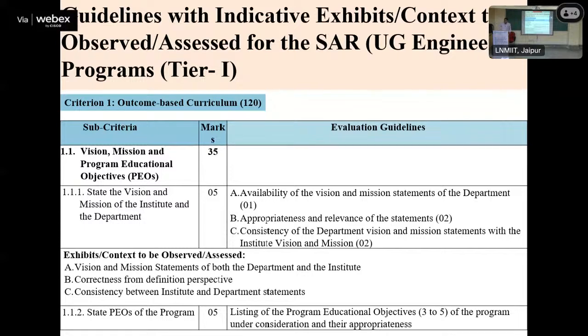Suppose a student comes out of LNMIT, where there are multiple courses, belonging to mechanical, electronics, IT as well. Should we mention any specific branch in the vision? No, only a general term. Because PO is for that only, sir. In the PO you can mention your own engineering, mechanical or electronics.